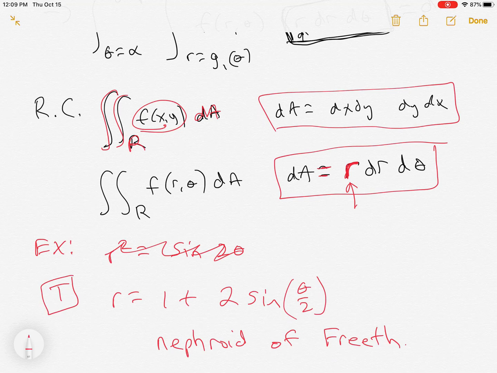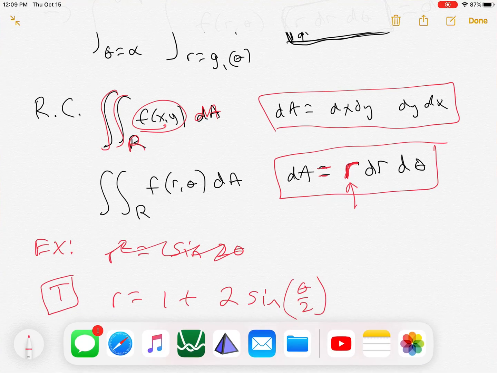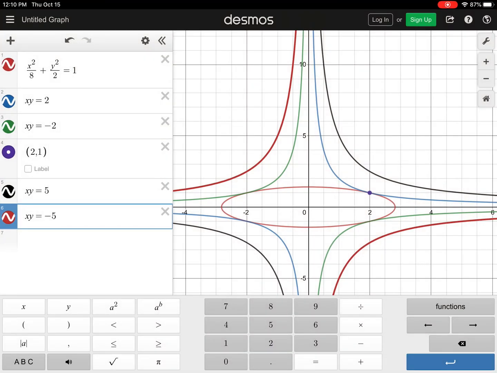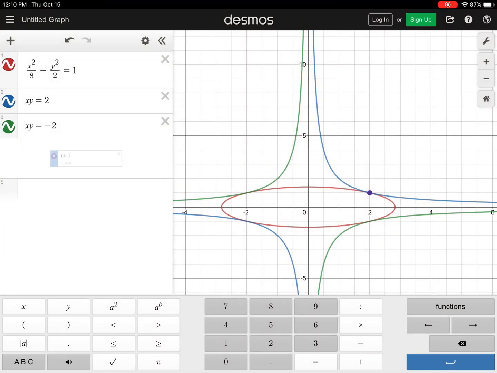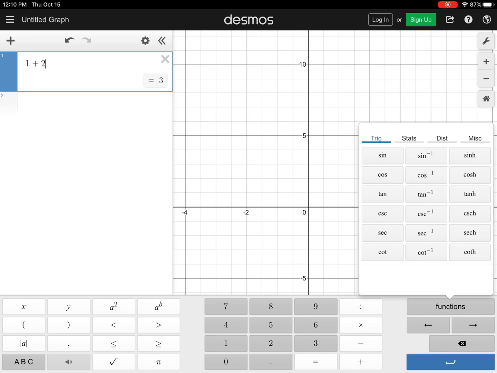All right, I'm running out of time, so let's see how good this is. Where's Desmos here? What did I say it was? 1 plus 2 sine.